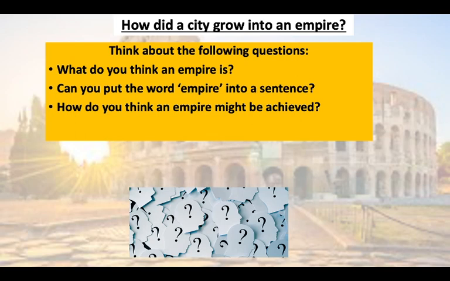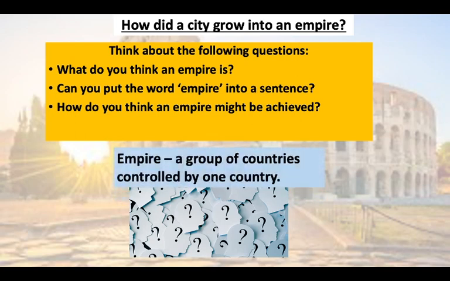Okay, so what is an empire? An empire just means that it is a group of countries that are controlled by one country. Okay, so that's all it essentially means. So, for example, you might have heard that Britain used to be an empire quite a long time ago.